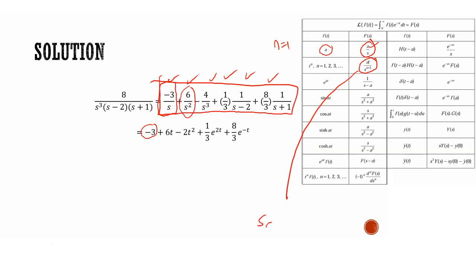Let's take this out, and s to the n plus 1. So n here is given as 1 because we have 1 plus 1.